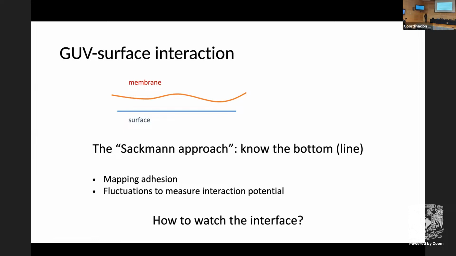So there's another way to do it, an approach that I learned from Professor Sackmann. You prepare your surface and you let your membrane, whether the cell membrane or the membrane of your liposome, interact with the surface. And then you map the adhesion. You just let it do what it does. You see how the distance between this membrane and the surface is changing. This is a very generic way to approach a problem in physics.